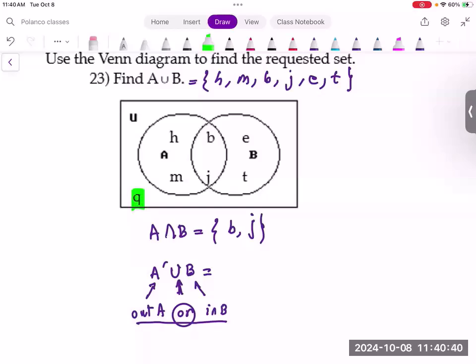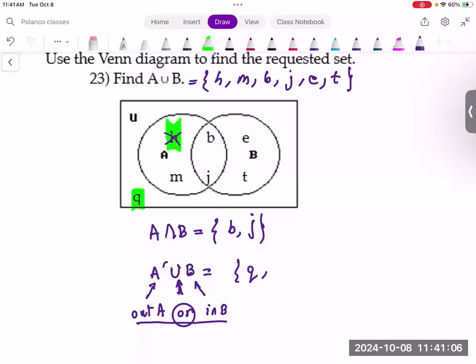Yes, so you take it. So the Q is good for me. Let's go to the next one. The H, is it out of A? No. Now that's the first statement. The second statement, is it in B right now? No. So both of them are wrong. Do you take it or not? You don't. So the H, you are not taking it, right?